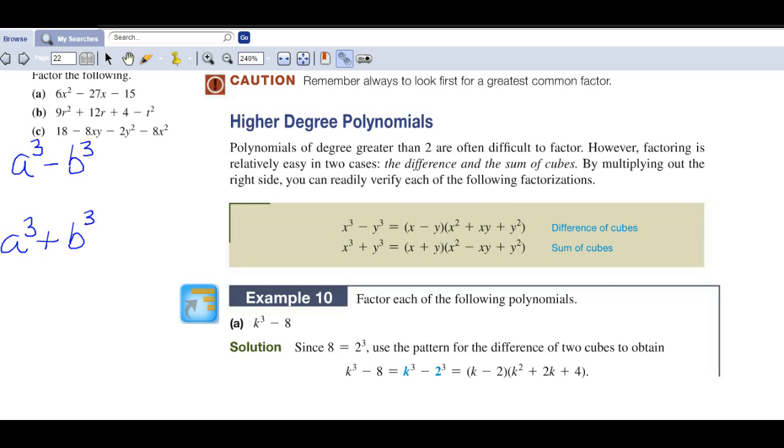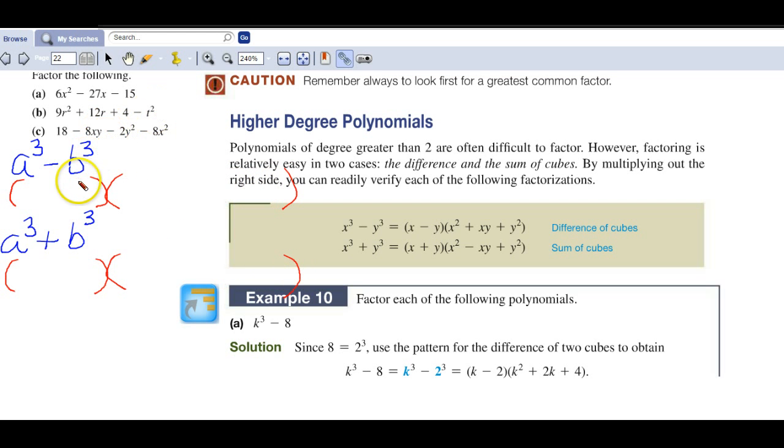And the rule is, we're going to set up a parenthesis for 2 terms and a parenthesis for 3 terms. So we have our difference of perfect cubes, sum of perfect cubes. First step, parenthesis for 2 terms, a parenthesis for 3 terms.